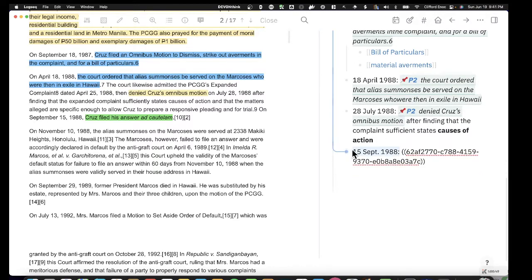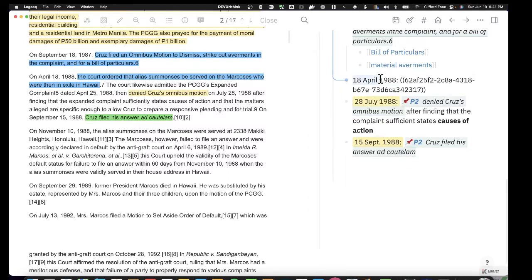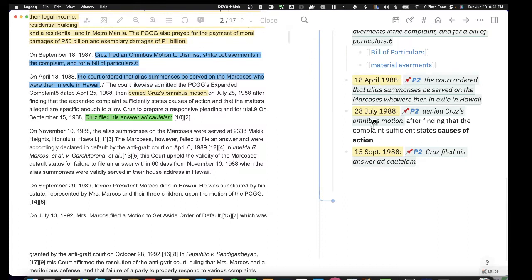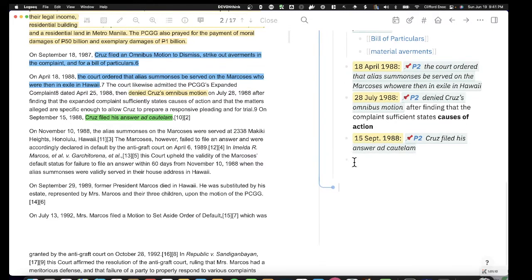Highlight natin ito. Mga dates. 18 April, 28 July, 15 September. Cruz filed his answer ad cautelam.